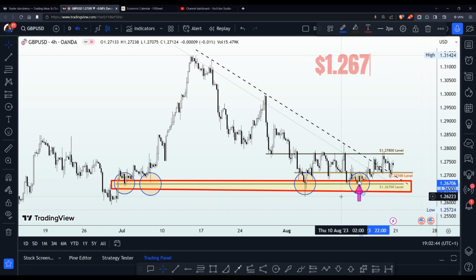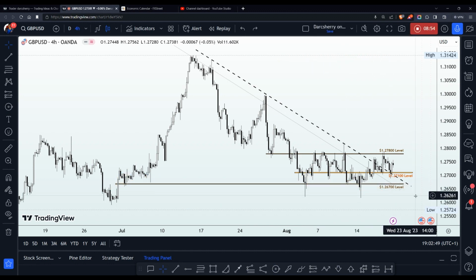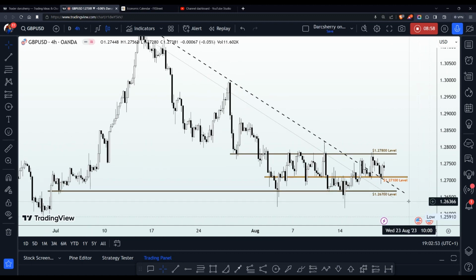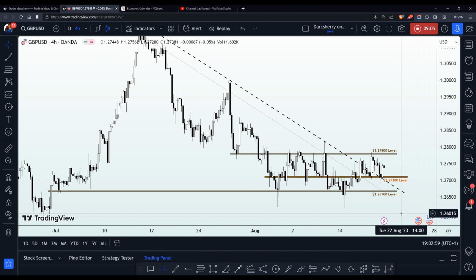With this situation here, I'm of the opinion that if price action continues to remain above the 1.267, a level which was our key level for last week, we could likely be seeing a bullish momentum that will break out of that descending trend line.